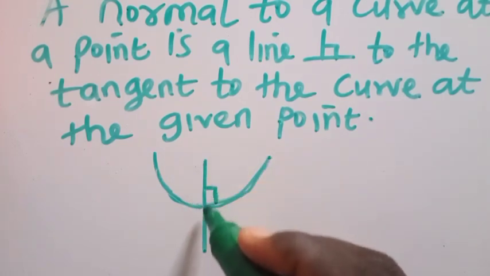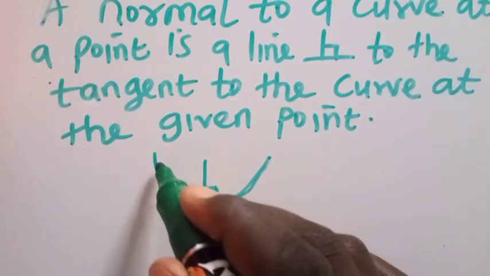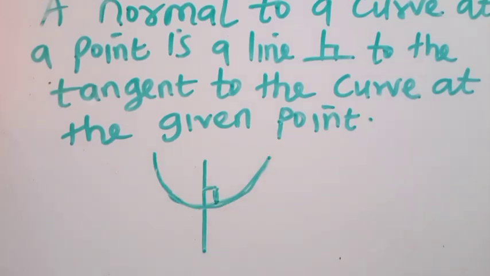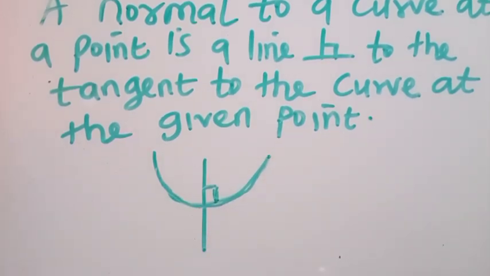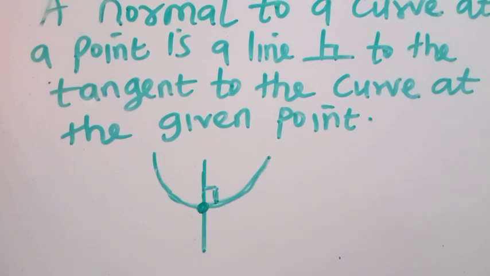So this line is a normal to this curve. It is perpendicular to this curve, and it is perpendicular at this point. It touches this curve at this point.